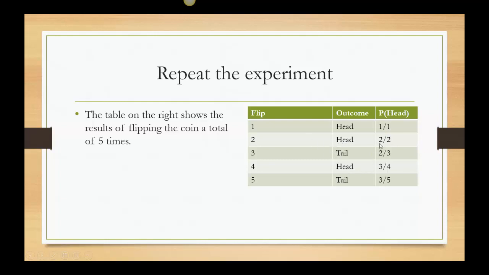So now 2 times I got heads out of 2 experiments. On the third time, I got tails. So 2 heads out of 3 flips. On the fourth time, I got heads, so this is 3 heads out of 4 flips. And then last one, tails, says 3 heads out of 5 flips, right? So anytime we're doing empirical, it means we have real results, real experiments, not just what we think should happen.